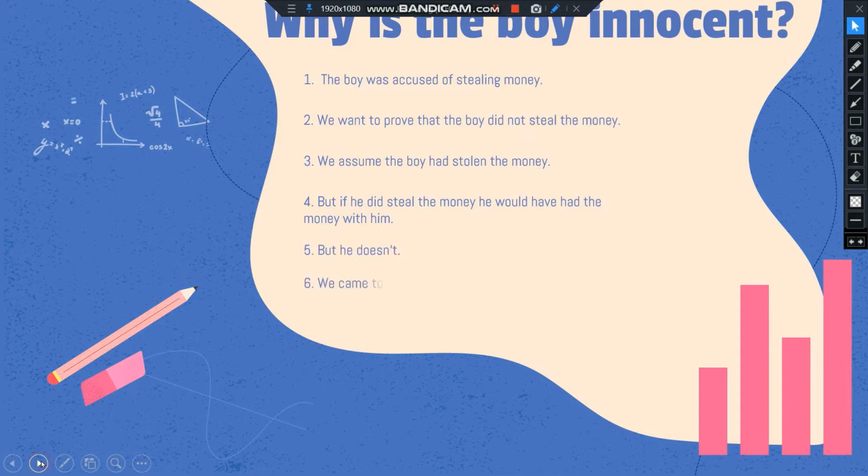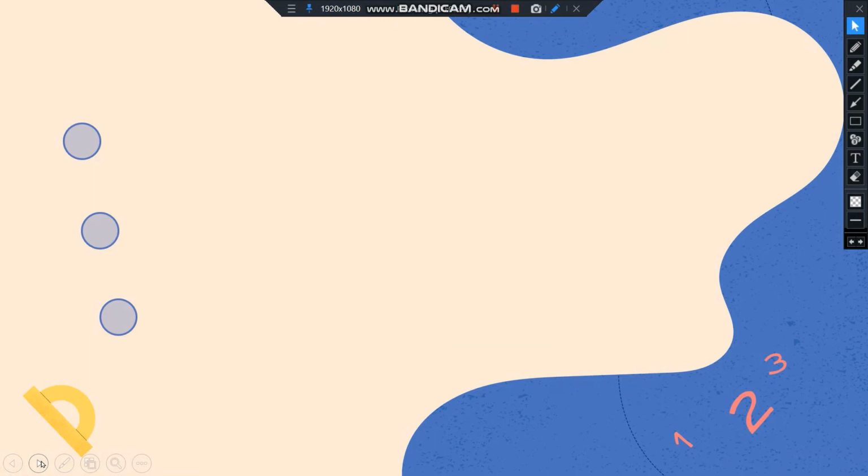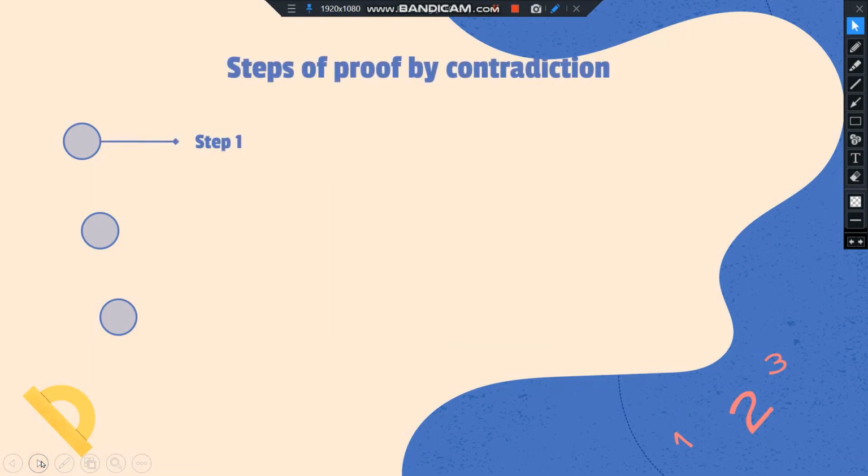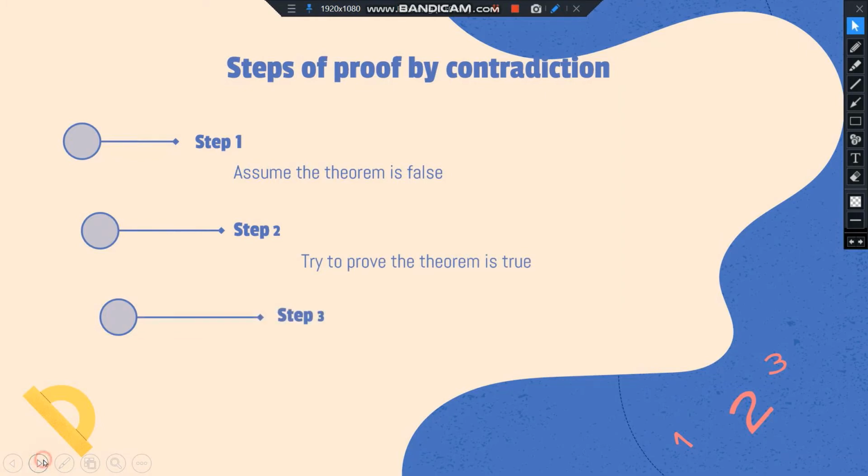But he doesn't. We came to a contradiction. So this is in fact how proof by contradiction works. These are the steps of proof by contradiction. We first assume the theorem is false. And then we try to prove the theorem is true, which we have assumed. But then we run into a contradiction.